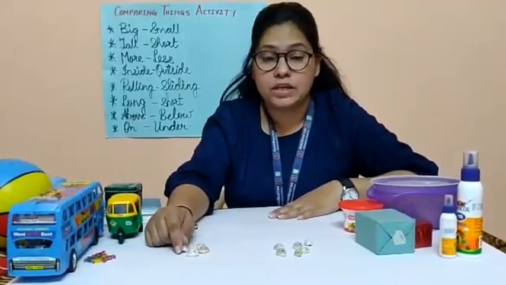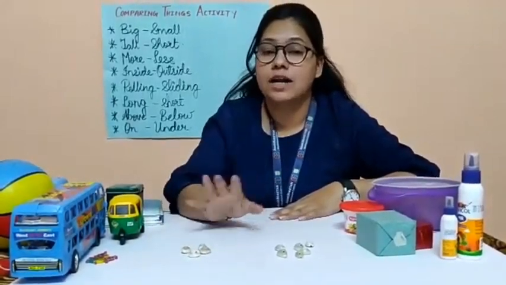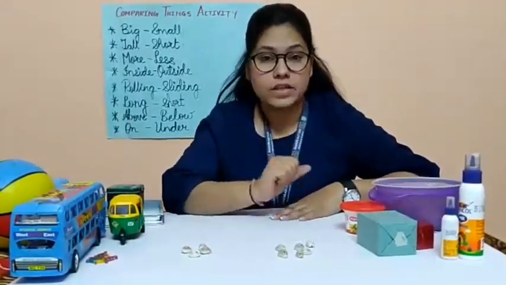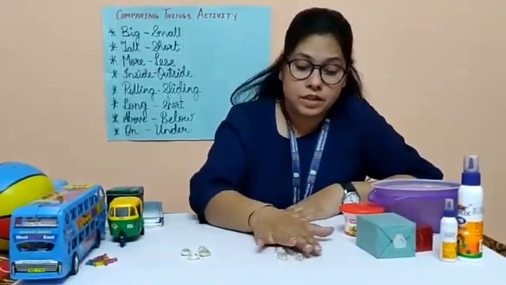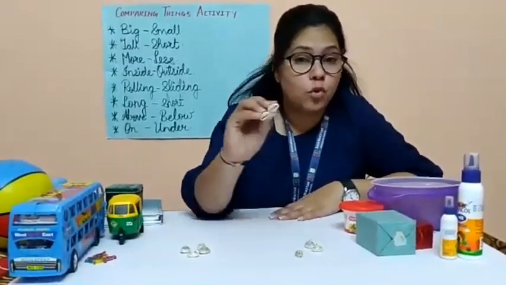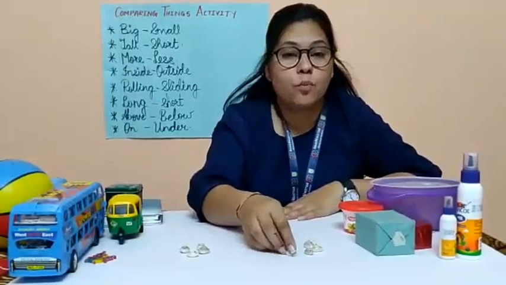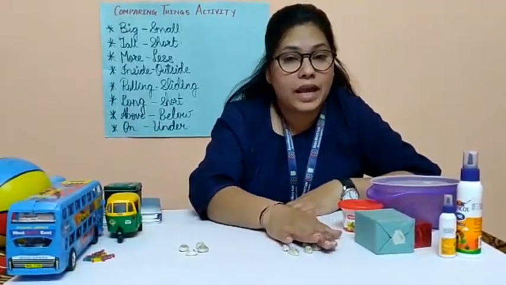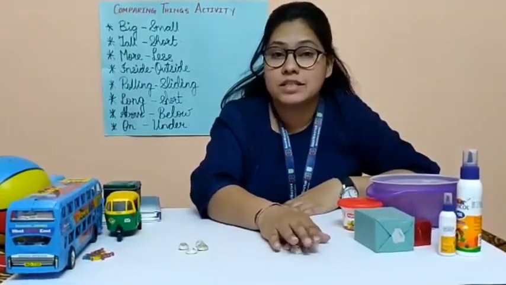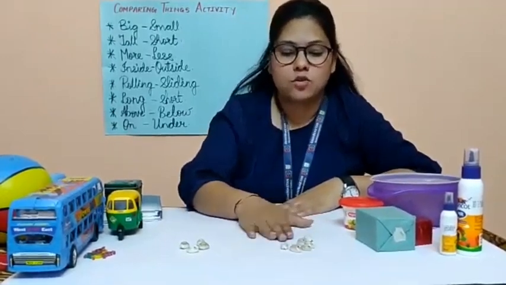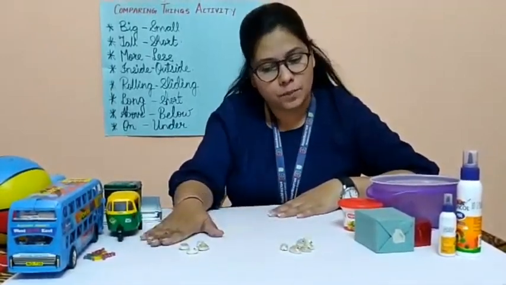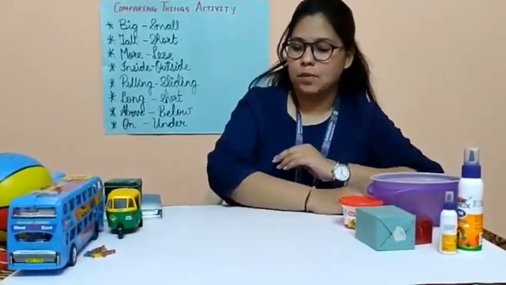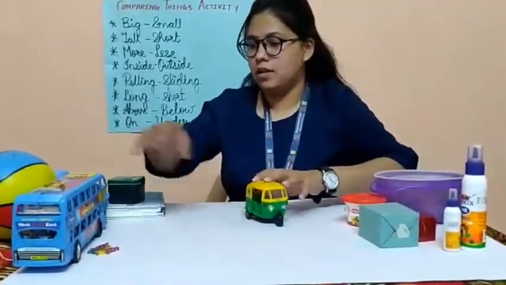So group B has 4 conches, which is less. Now always remember that here we have 2 more conches in group A. That's why group A is more, having 6 conches. So group A is more than group B. Let us come up with the next example.